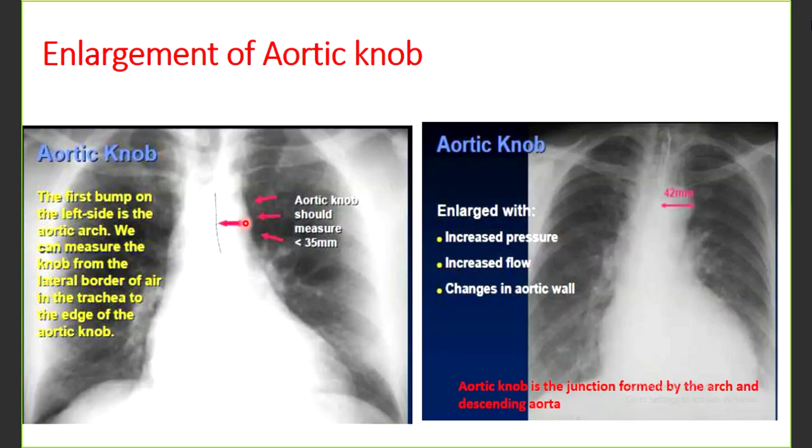It is very important that we look at it carefully, because very often an ascending aortic arch aneurysm may be identified as a superior mediastinal mass and unknowingly may be sent for CT or guided biopsy.